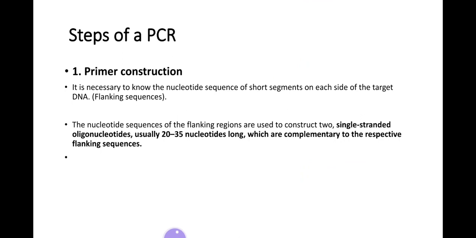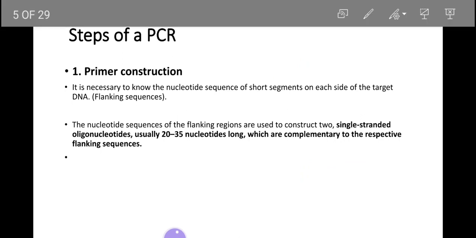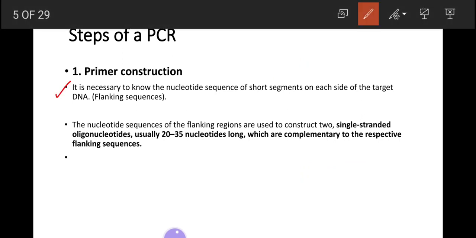So for the primer, it is necessary to know the nucleotide sequence of a short segment on each side of the target DNA. So for the primer construction, we should know the sequence on each side.